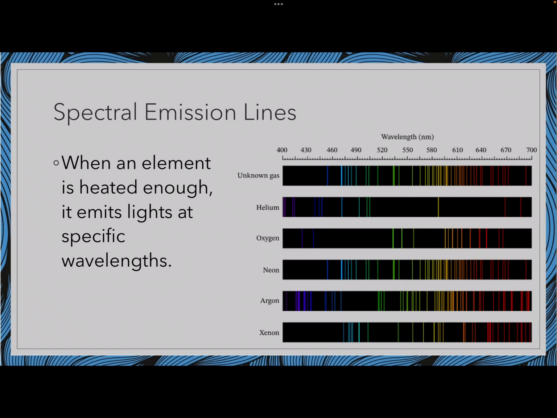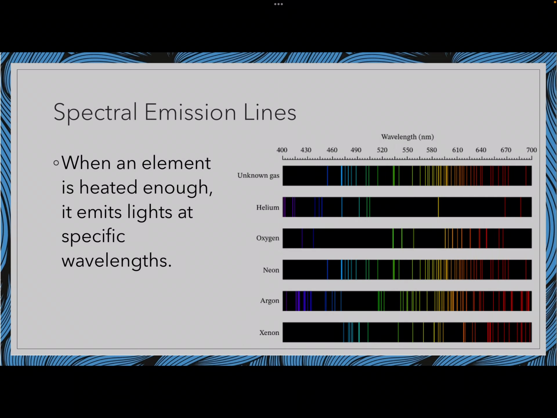If we have a look at these, helium has a lot at the shorter end of the spectrum. Oxygen has a lot in the red orange sort of section. Neon's kind of spread out. So is argon. Xenon, there's not much between that 400 to 500 sort of area.